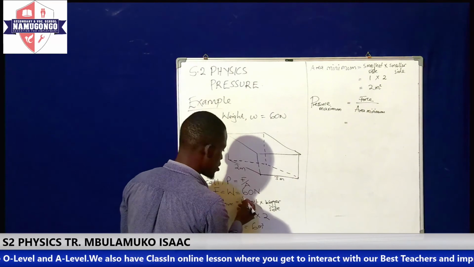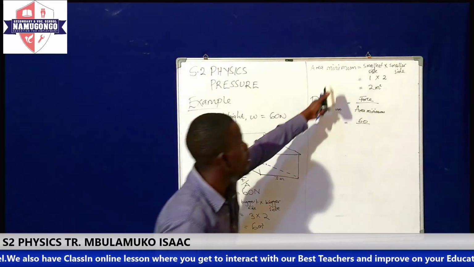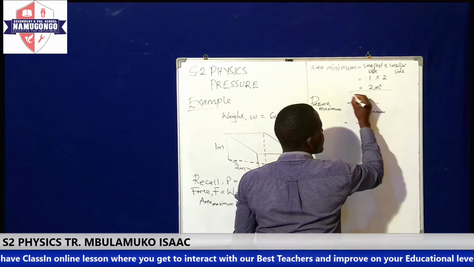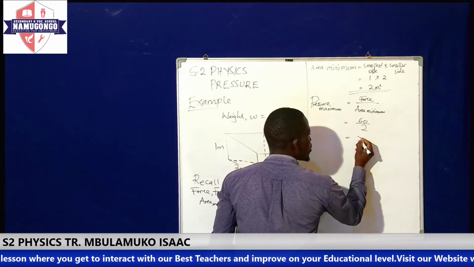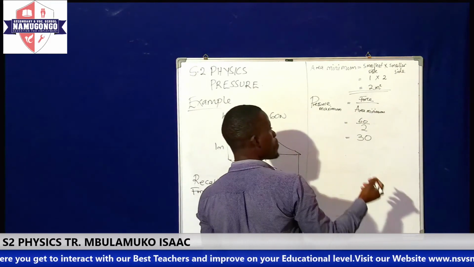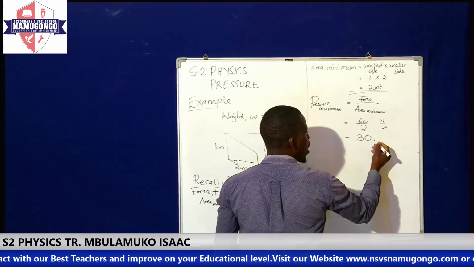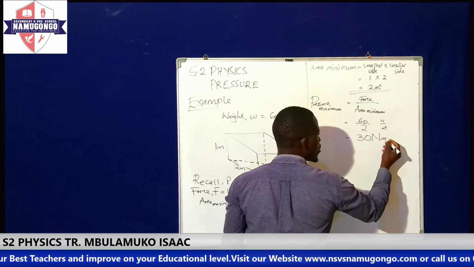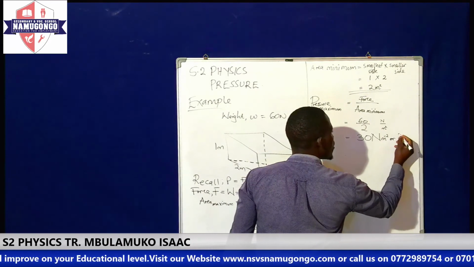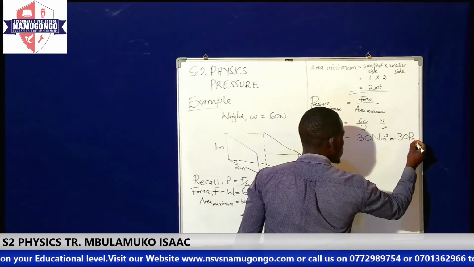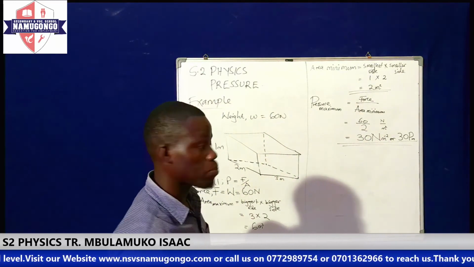So our force is 60, so we write 60 divided by area minimum, which we got as 2 meters squared. 60 divided by 2, you get 30. And remember, this is a newton out of meters squared, and we say the SI unit there is newtons per meter squared, or 30 pascals. That is our pressure maximum.